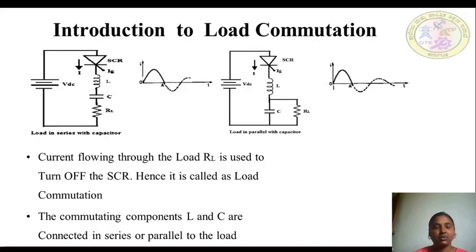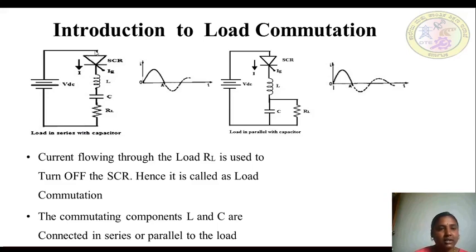So let us come to the introduction to load commutation. Here the load is connected in series with a capacitor. The supply voltage is a DC supply, because load commutation comes under class A type of commutation, where we give the supply as DC. The DC supply is connected in series to an SCR.